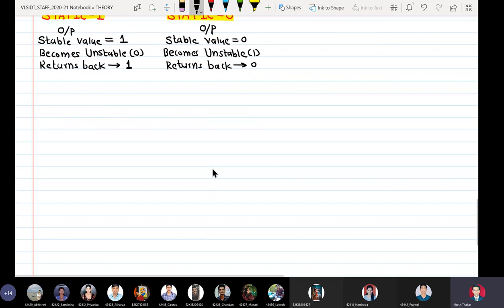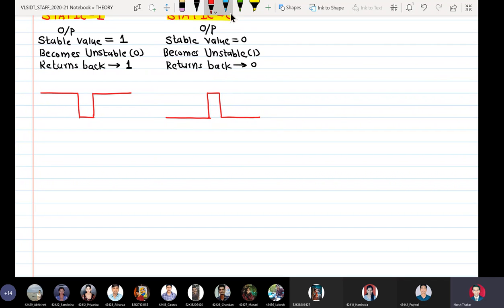So if you want to make waveforms for this, then we can make it like this. Okay, so we can say output is stable at 1, it becomes 0 for some time and then becomes 1 again. Similarly, here the stable value is 0, it becomes 1 for some time and returns back to the stable value.